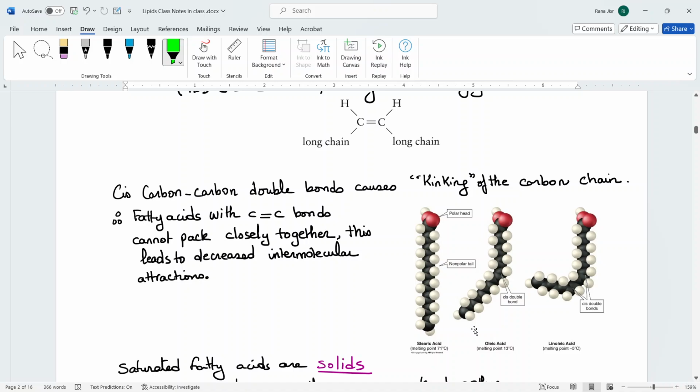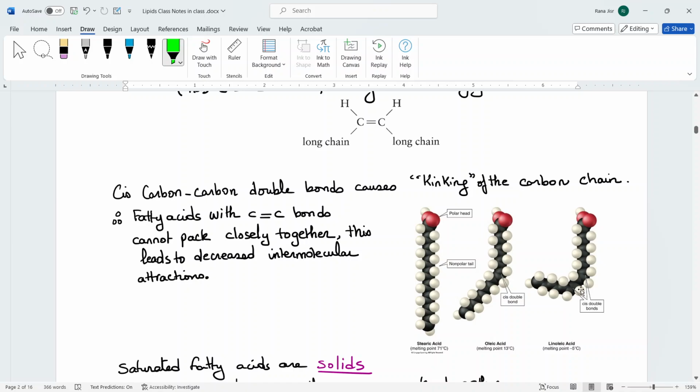For fatty acids that have double bonds in them, the double bond causes the fatty acid to tilt, or to bend. We call it kinking of the carbons, because the groups are going to be cis with respect to each other. So for fatty acids that have carbon-carbon double bonds, if I want to put them next to each other, you notice here, the more double bonds, the more kinking I'm going to end up having within the fatty acid structure.